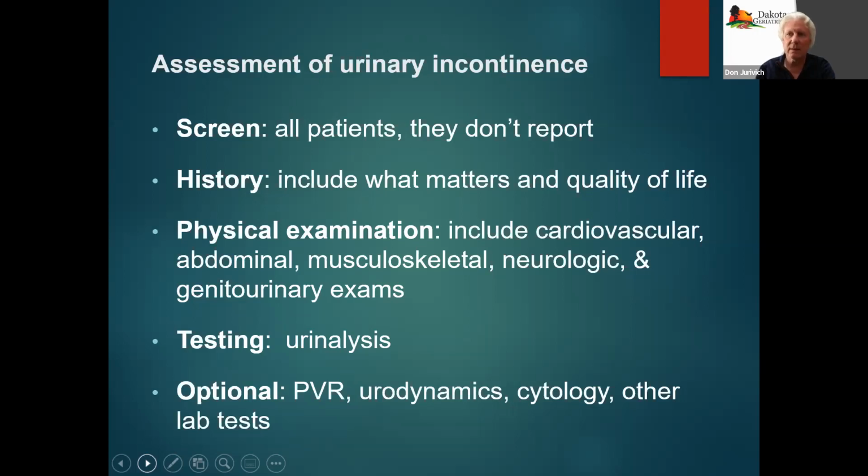And I don't know whether it's proven that a genital urinary exam is always going to reveal the etiology of urinary incontinence. But something as simple as looking for vaginal prolapse, for example, in women, that might be a good indicator as to why the urinary incontinence is occurring.